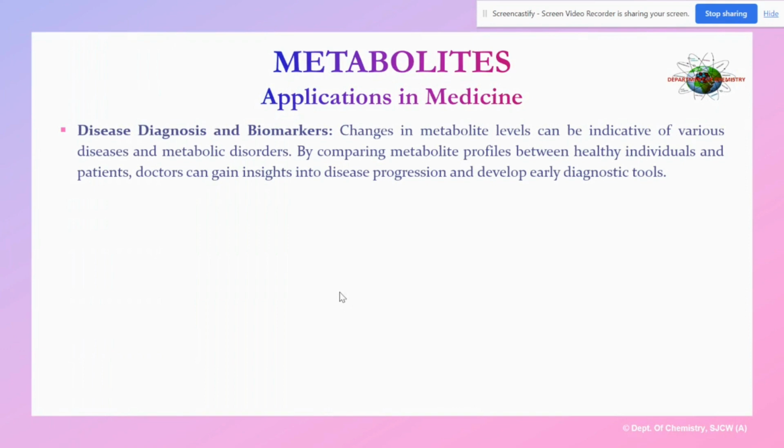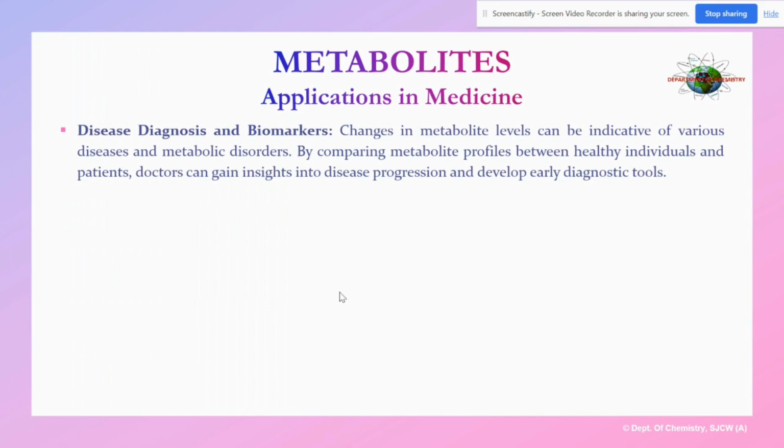Applications of metabolites in medicine. Metabolites find application in disease diagnosis and they are also used as biomarkers. Changes in metabolite levels can be indicative of various diseases and metabolic disorders.